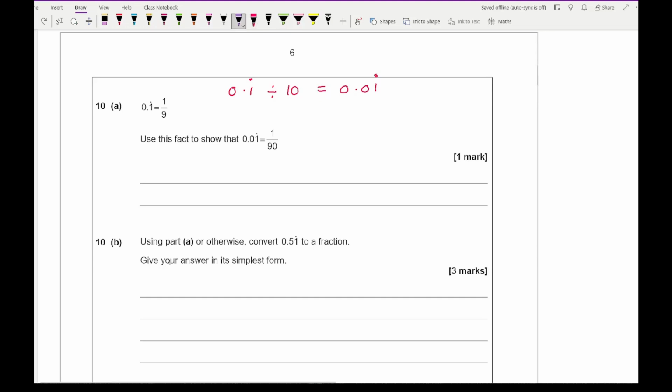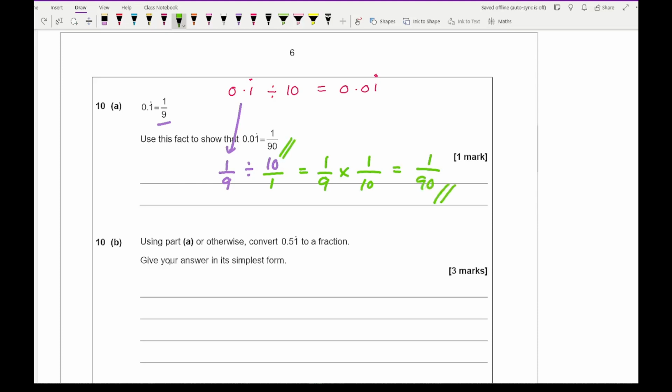Now, if I wanted to convert this into fractions, well, that's 1/9 because it tells me in the question, divided by 10. Now, if I convert that into a fraction, then that becomes 10 over 1, which then becomes, flip the fraction, so it becomes times 1/10, and that then becomes 1 over 90, which is what they wanted me to show.